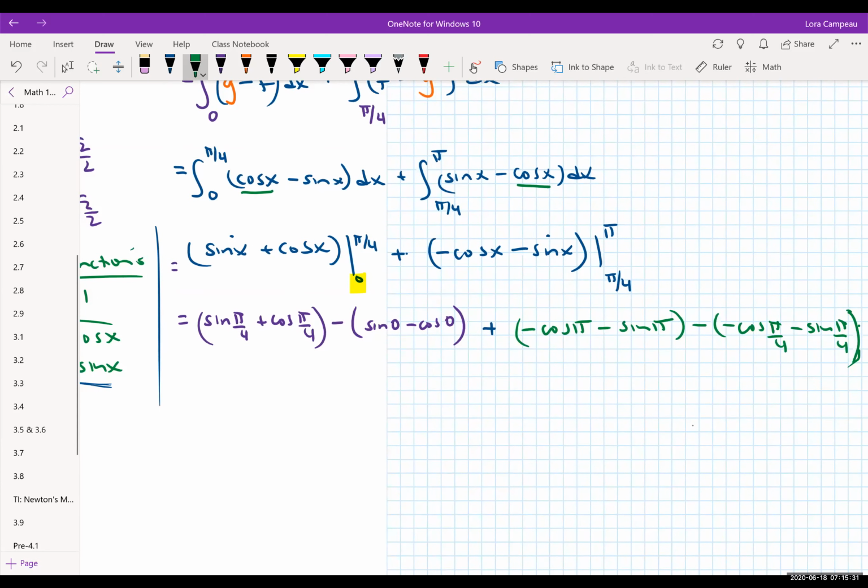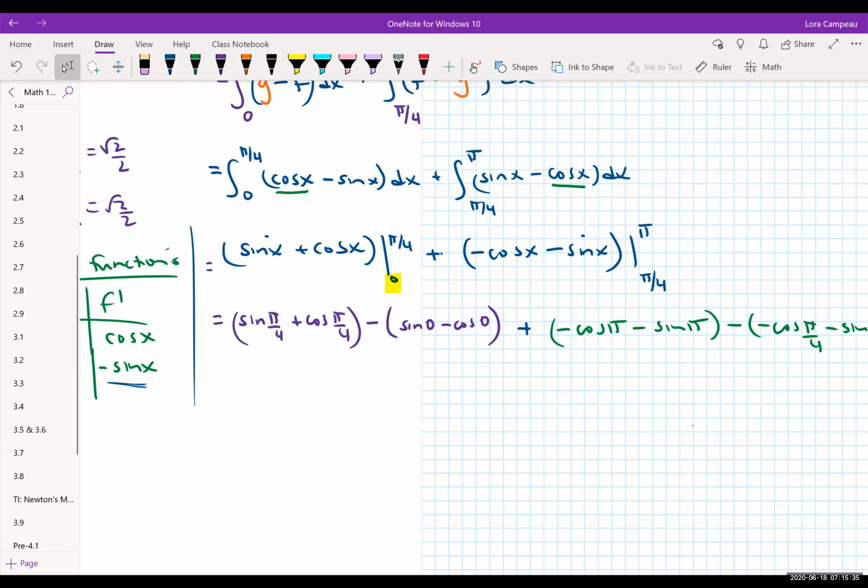And now you just have to be really careful. Let's determine everything and slowly walk our way through this. Sine of pi over 4. You guys remember the 45-45-90 triangle? Square root of 2 over 2, or 1 over square root of 2.